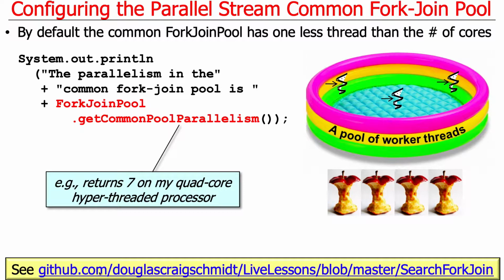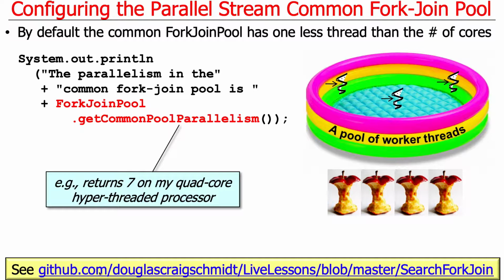By default, the common fork join pool has one less thread than the total number of cores that the Java execution environment knows about. There's a method that will give the number of cores that the virtual machine thinks it has based on the hardware configuration.